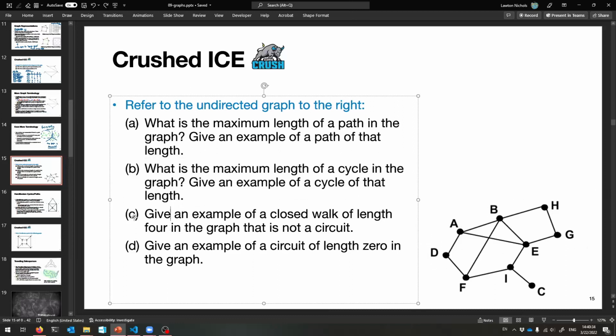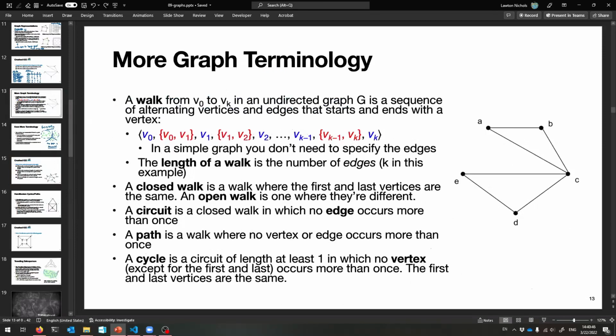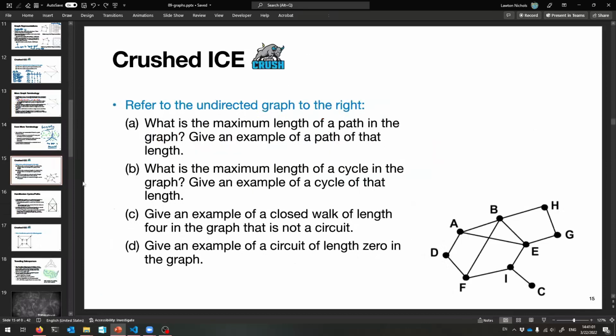And then give an example of a closed walk of length 4 that is not a circuit, right, to differentiate those ideas. And then give an example of a circuit of length 0 in the graph. That's possible, right? A circuit is a closed walk in which no edge occurs more than once. Well, a circuit can totally have length 0, right? Go along 0 edges. That's possible. So give this a try.